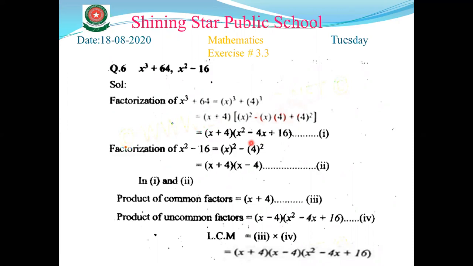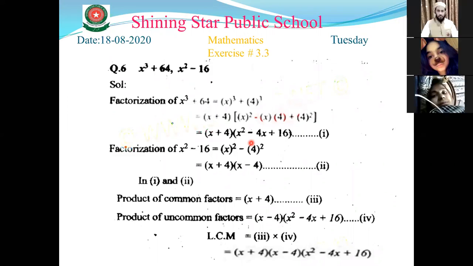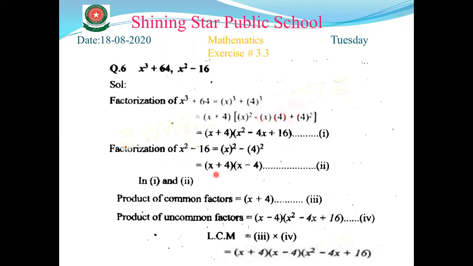factorization of the next term, x square minus 16. In x square minus 16, when you take the formula of a square minus b square, it will give you a plus b a minus b. Okay, so a plus b a minus b gives you x plus 4, x minus 4.